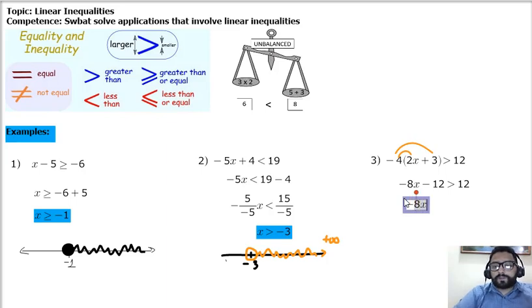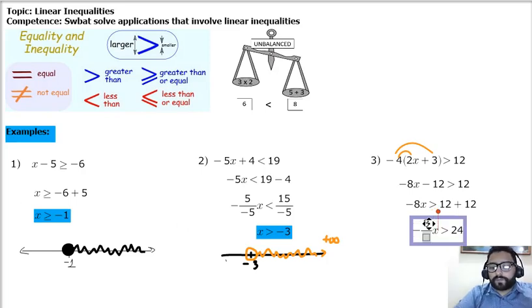Negative 8x greater than 12, and this is negative 12, we move it as a positive 12. Then we simplify: negative 8x greater than 24, and then we need to divide by negative 8 on both sides because we apply the inverse operation.